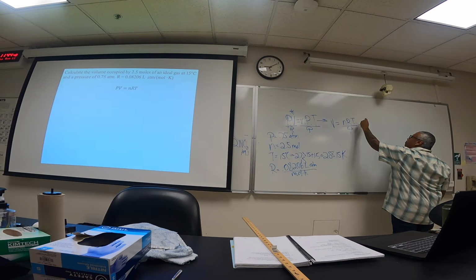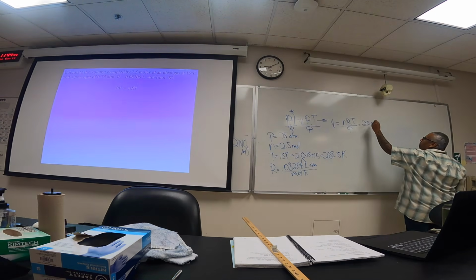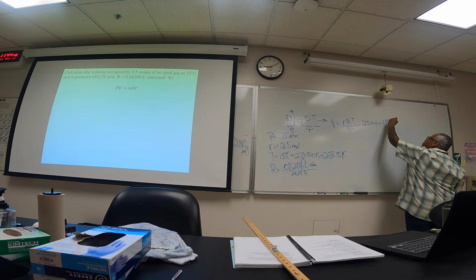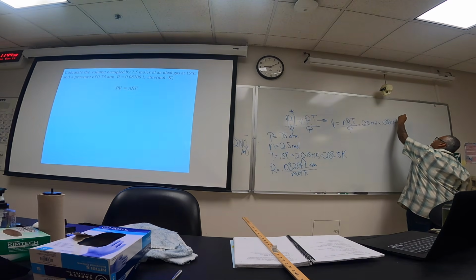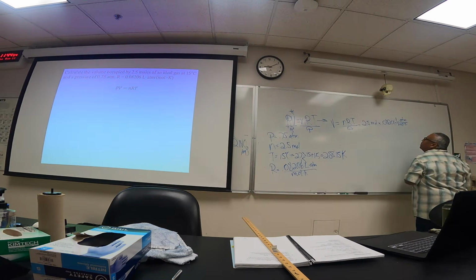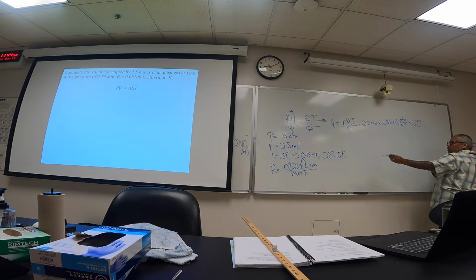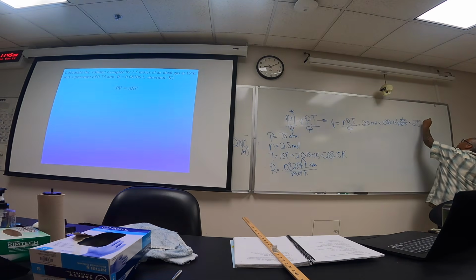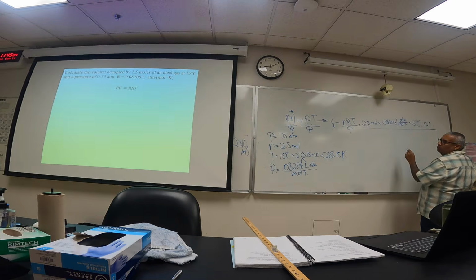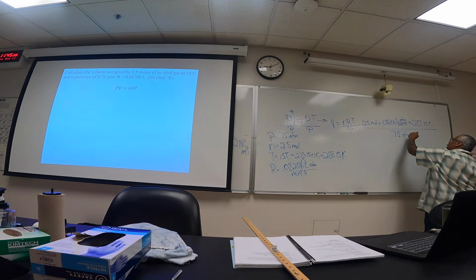So we have 2.5 moles times 0.08206 liter atmospheres per mole Kelvin times 288.15 Kelvin over 0.75 atmospheres.